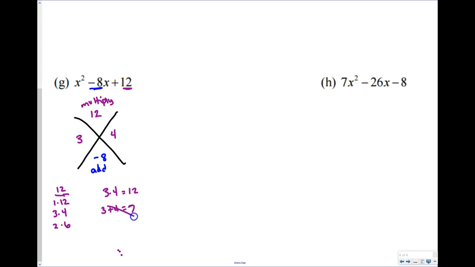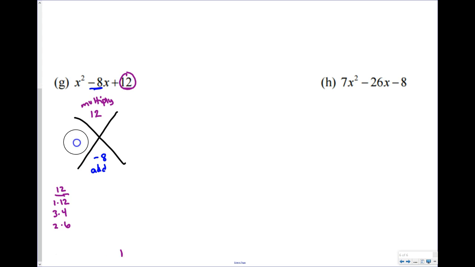Is that what we want? No, so it can't be 3 and 4. But also note, if I picked -3 and -4, isn't -3 times -4 also positive 12? But -3 minus 4 would be -7. So you can still get a positive number here by having two negatives as your puzzle.